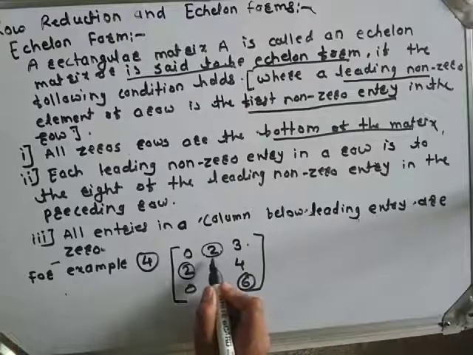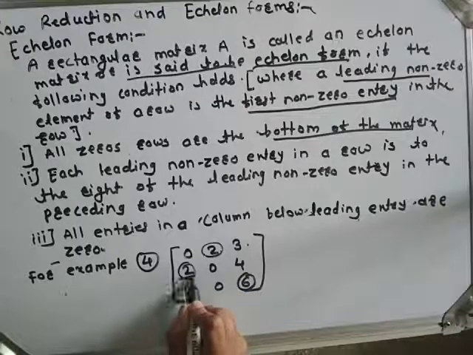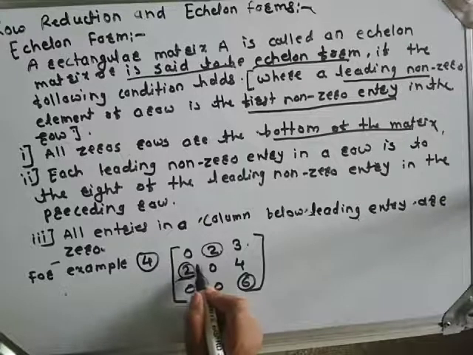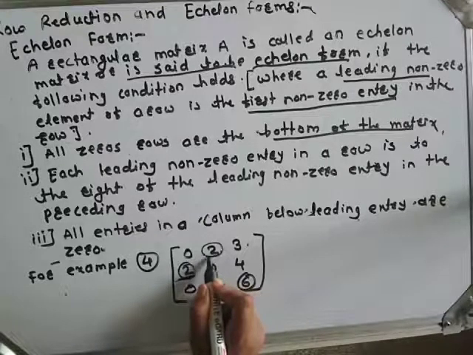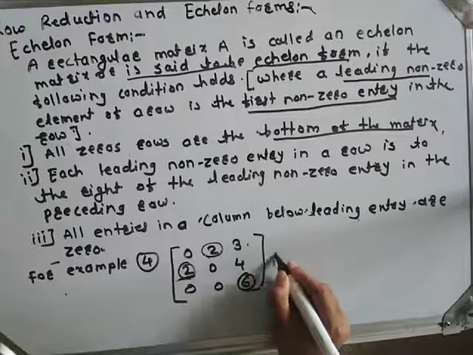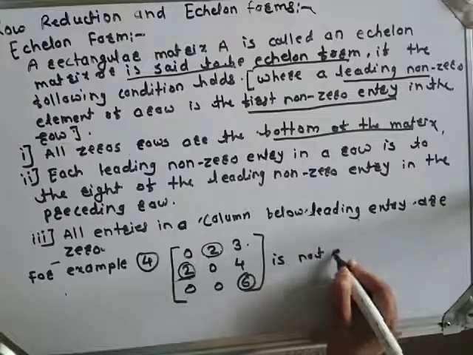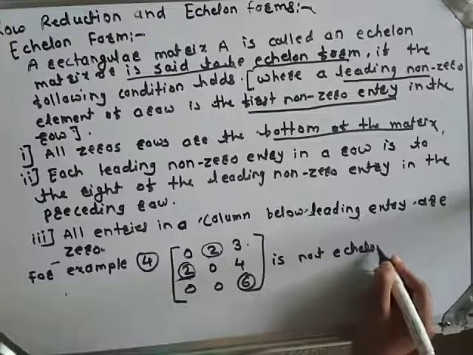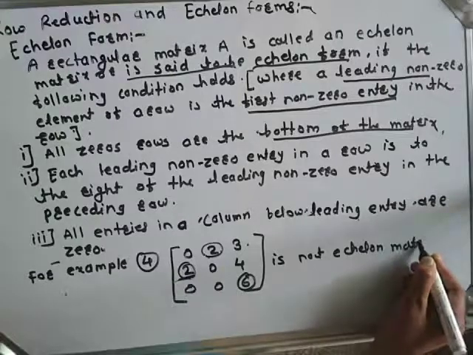Here observe that the leading entry in the second row is not to the right of the leading entry in the first row. Therefore, it is not an echelon matrix.